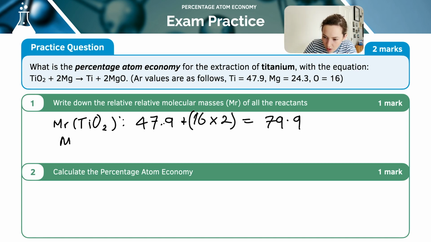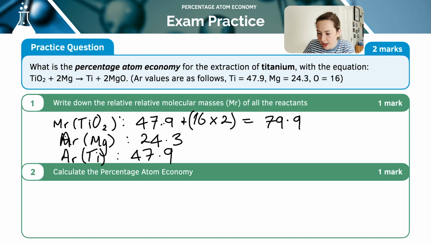And my Ar of magnesium is 24.3. My Ar of the titanium is 47.9.